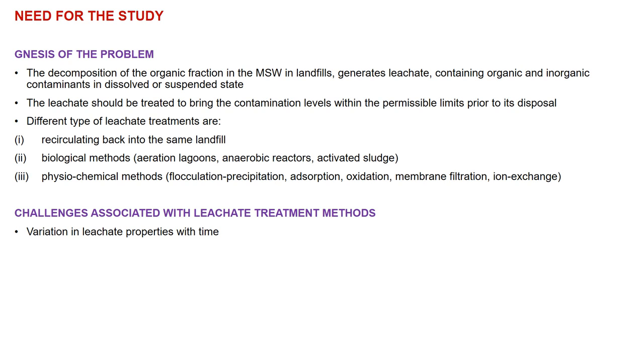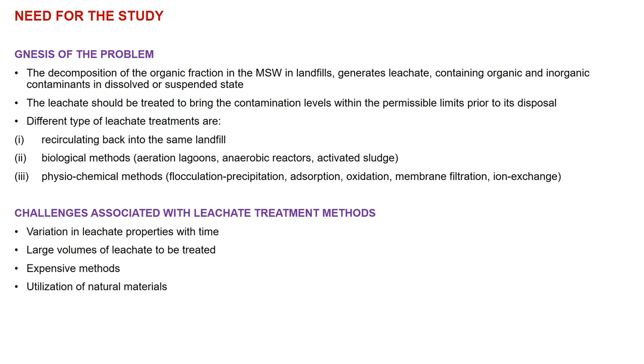Few of them are: the leachate varies its properties from time to time, large volumes of leachate are to be treated, the methods like membrane filtration, ion exchange, oxidation are expensive in nature, and it consumes natural materials, say for example in flocculation, precipitation, the use of alum, ferric chloride, etc. And different types of treatment methods should be used in combination to achieve the leachates with contaminants within the permissible limit. So identification of the suitable combination of treatment method is also challenging.